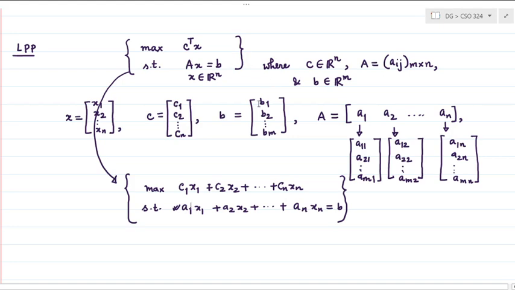Here there are a few terminologies. The function c transpose x, which is obviously a linear function, is known as the objective function.